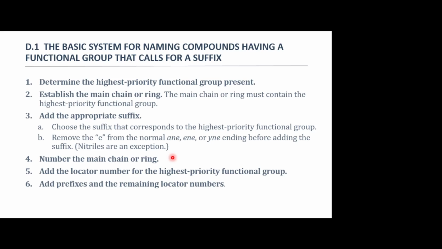Remember how the functional groups dictate that numbering first, and only if you have equal numberings for those do you do the other rules for determining the locants. So the locator number for the highest priority functional group is going to be your lowest possible number first. You're then going to add the prefixes and the remaining locator numbers.